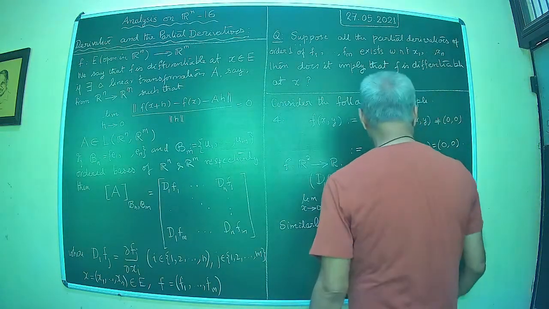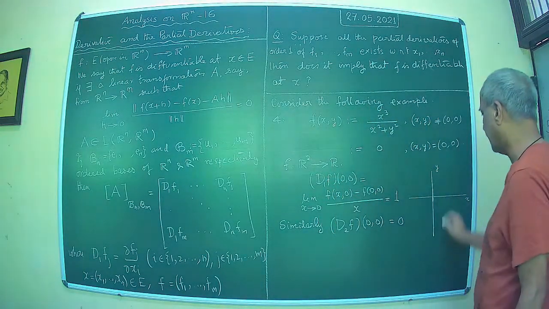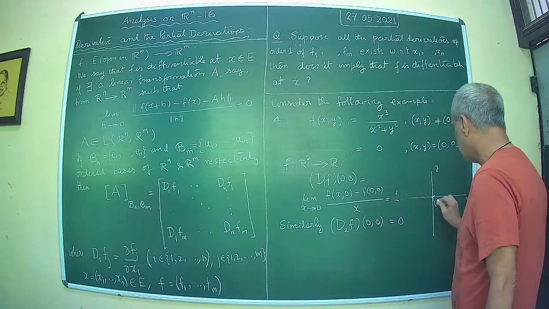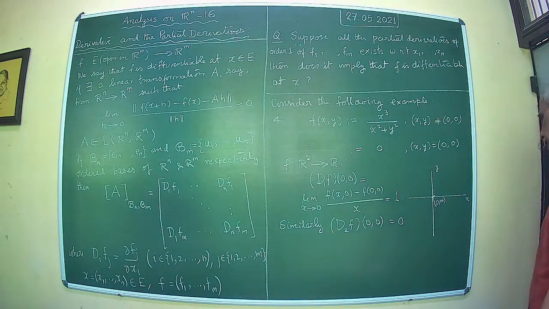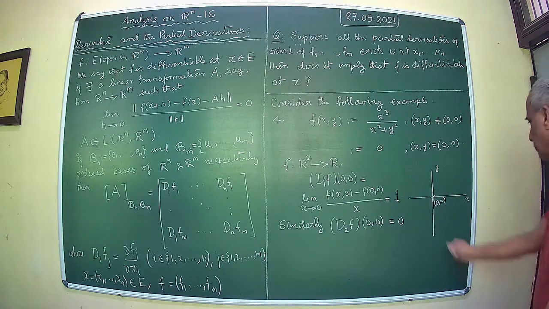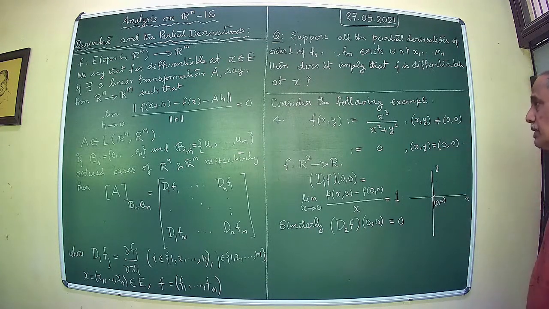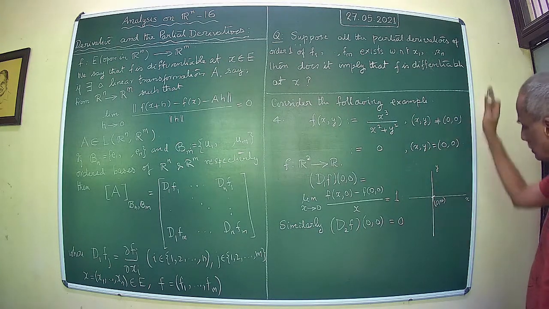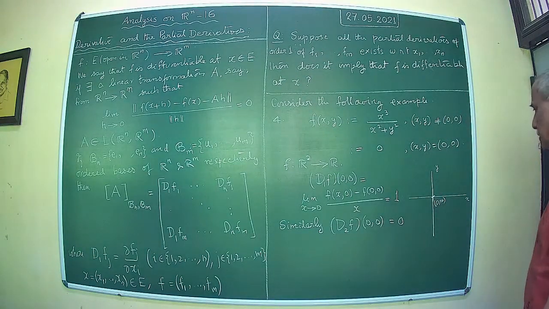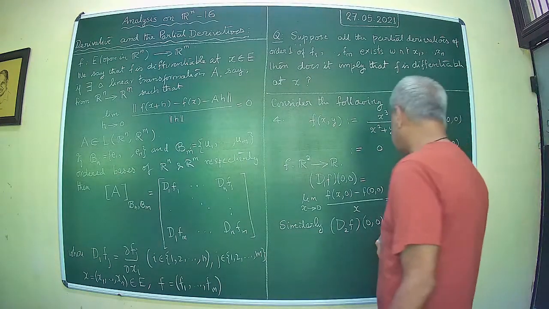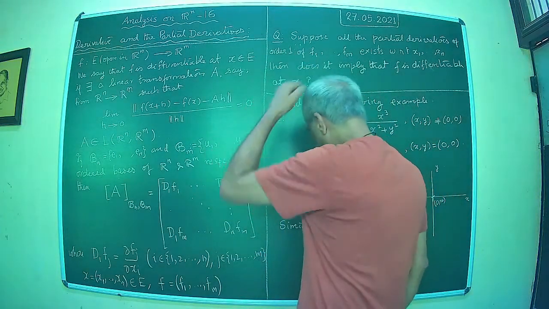That you can easily find out because you are now working along the y-axis and this is the point (0, 0). So you set x equal to 0 and then you see that the function is 0. Therefore, on this line the function is defined as 0 and therefore its derivative along that direction is also 0 at 0. So in particular at (0, 0) the derivative is 0.